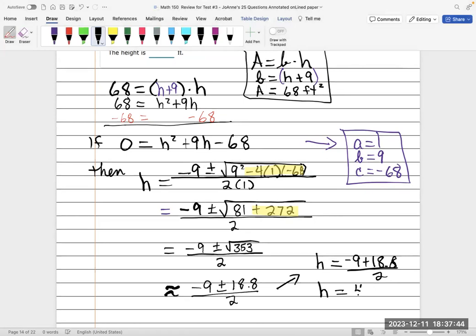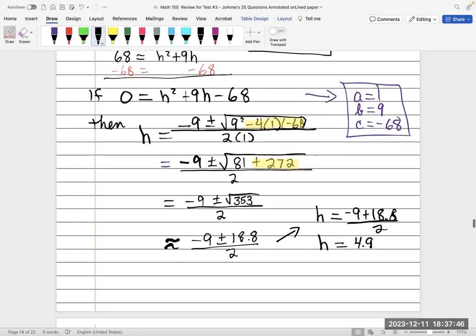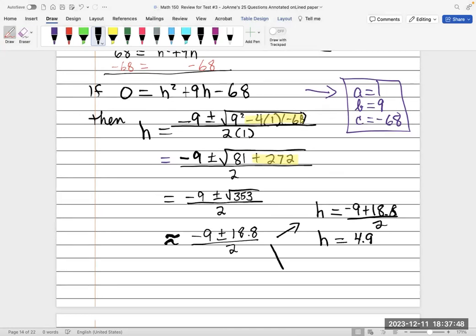So H will be 4.9, or the other option is that H is negative 9 minus 18.8 over 2, which is a negative number, which will be not the answer, because what we're looking at is a length.